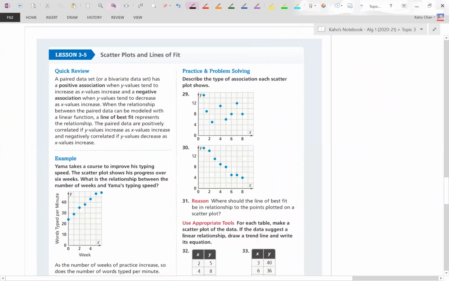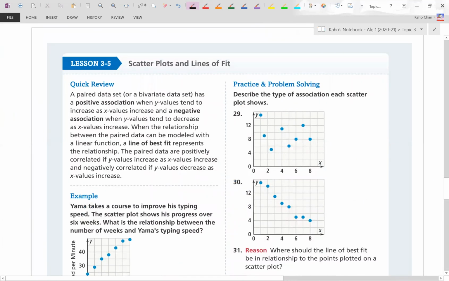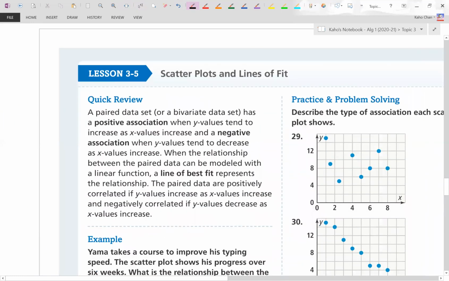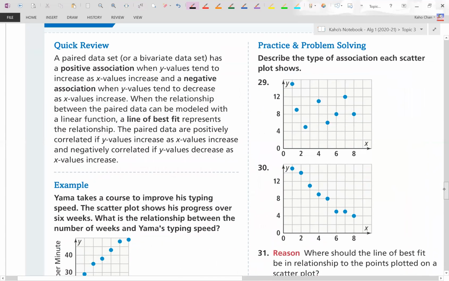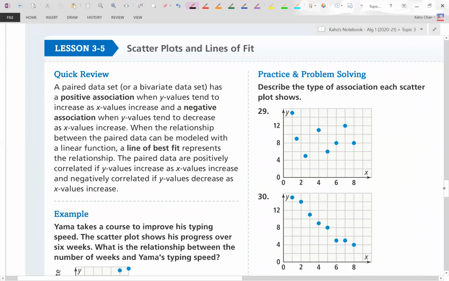Here we go. Scatter plots. Scatter plots are basically taking real world data and plotting them on a coordinate plane. And we have some relationships when we see trends or things called line of best fit.